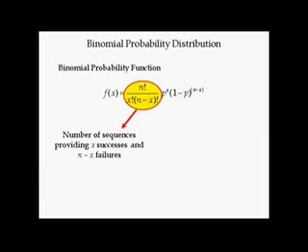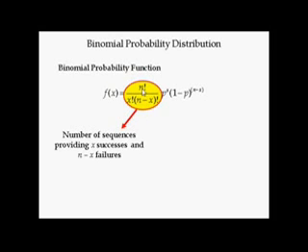The first part of the binomial equation is circled in red and highlighted in yellow. It represents the number of different sequences providing x successes and n minus x failures. If 5 male students are picked at random from a campus directory and 1 had game, then there are 5 ways to order a sequence of 1 success, those with game, and 4 failures, those without game.